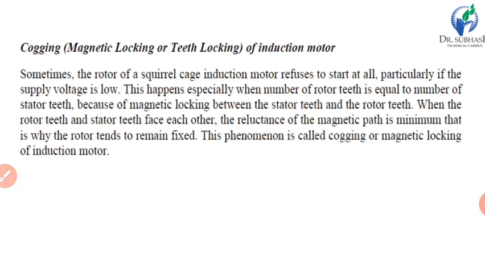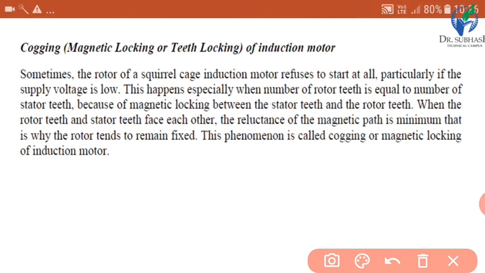Now we will talk about magnetic locking or teeth locking of an induction motor. This is the second phenomenon we are going to discuss for the induction motor. Sometimes the rotor of a squirrel cage induction motor refuses to start at all, practically if the supply voltage is low.